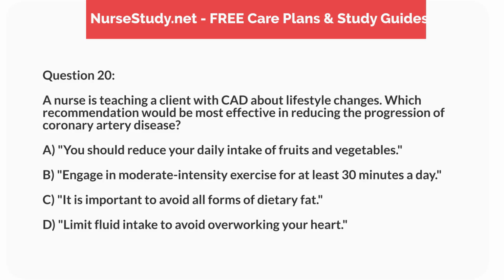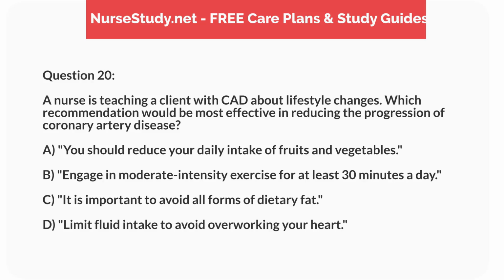Question 20. A nurse is teaching a client with CAD about lifestyle changes. Which recommendation would be most effective in reducing the progression of coronary artery disease? A. You should reduce your daily intake of fruits and vegetables. B. Engage in moderate intensity exercise for at least 30 minutes a day. C. It is important to avoid all forms of dietary fat.